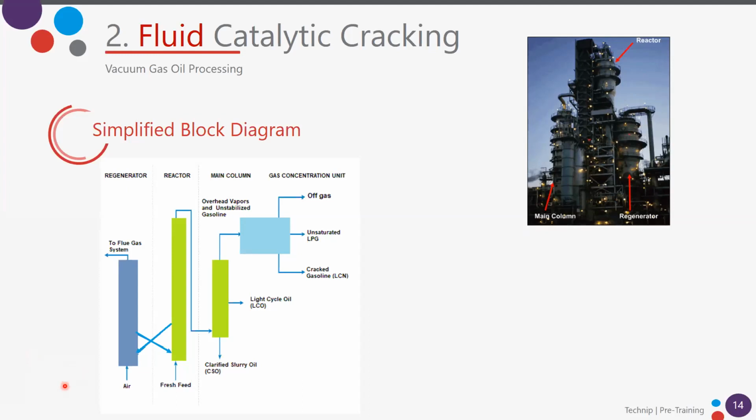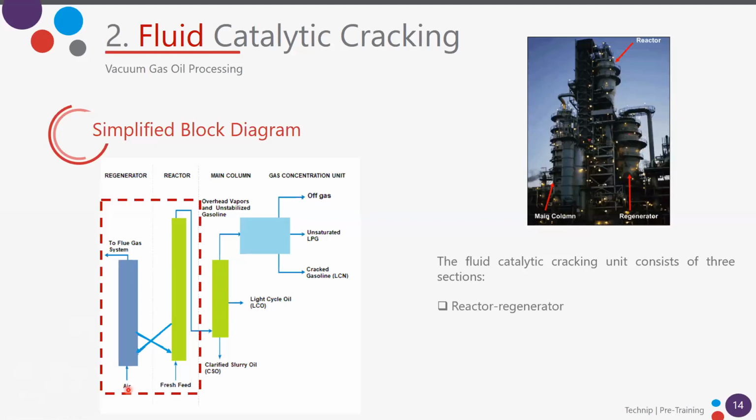Okay. So here we have the different sections of the unit. The fluid catalytic cracking unit consists of 3 sections. That is the reactor regenerator, okay, here you will see the reactor regenerator.